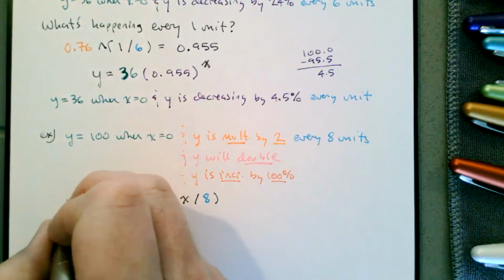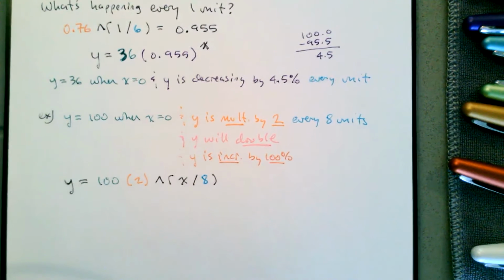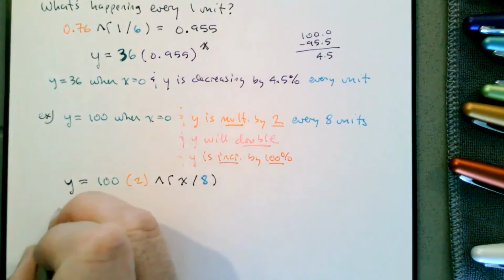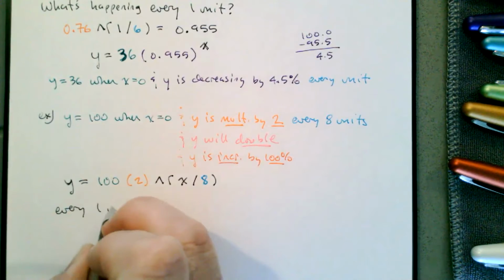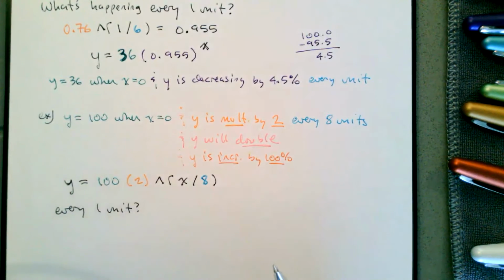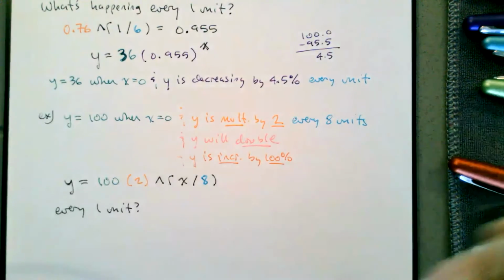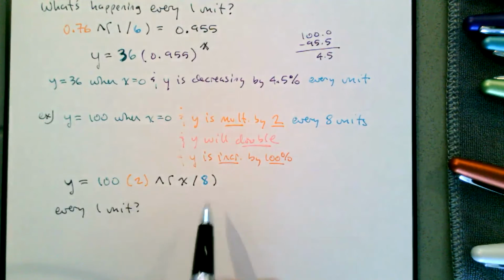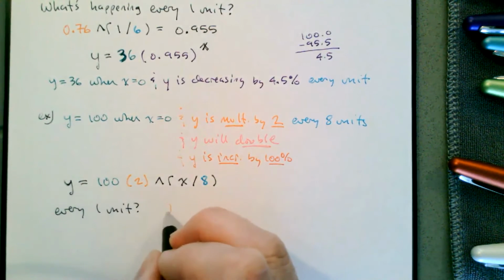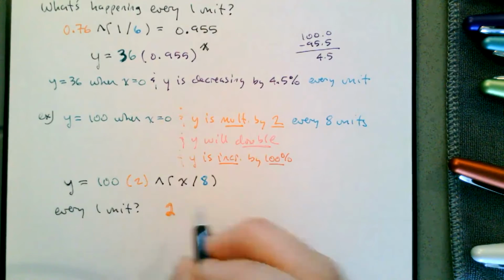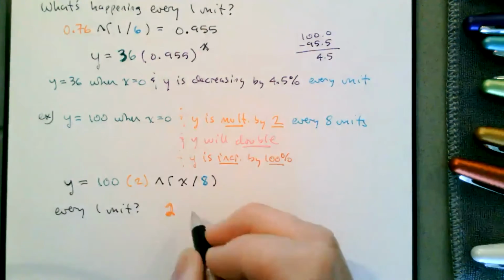Now that we have an equation of this form, we can ask what's happening every 1 unit. So to do that, we'll take just this part, 2 to the 1 over 8. We don't care about where it starts, we care about how things are changing. So I take 2 and raise that to the 1 over 8 power.